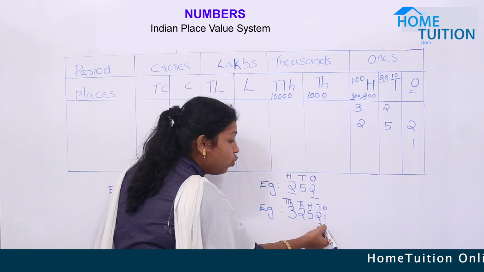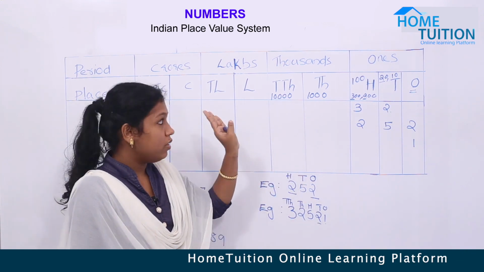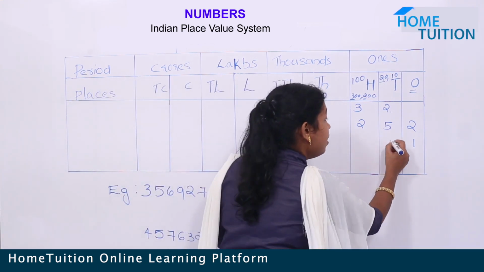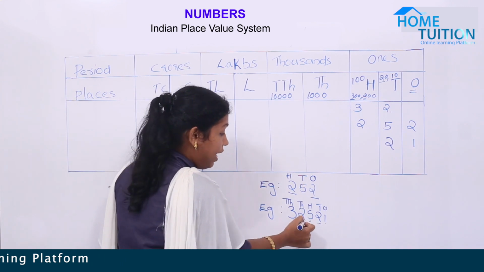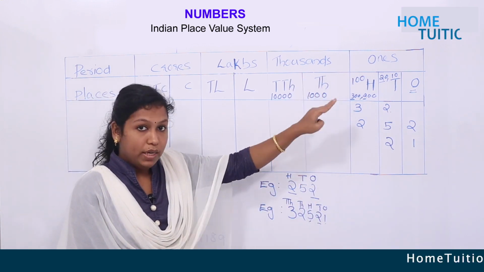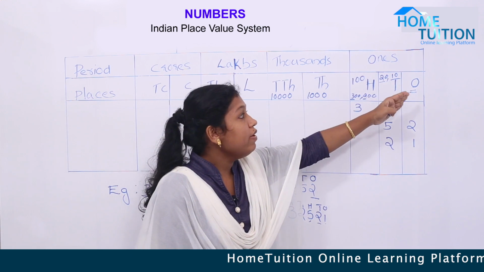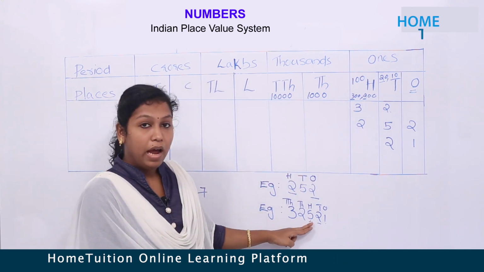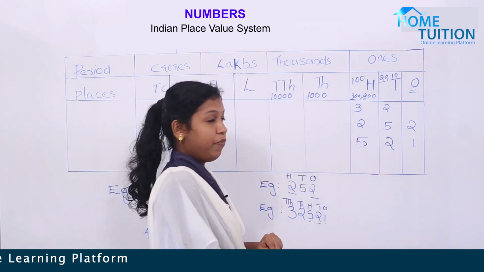Then the second digit is 2, which we put in the tens place, also in the ones period. Then the third digit is 5, in the hundreds place, in the ones period, because the ones period has three places: ones, tens, hundreds. So the third one is the hundreds place. So 5 is 500, and we write 5 here.